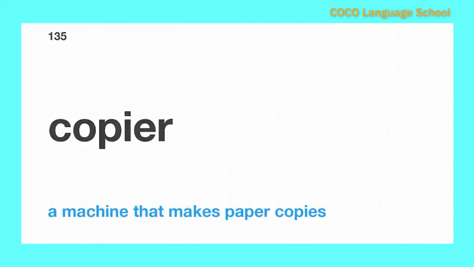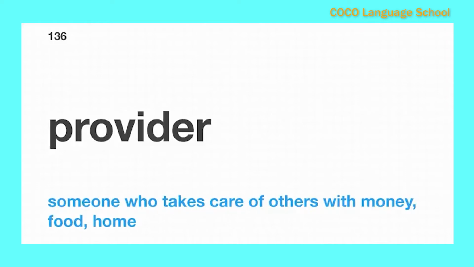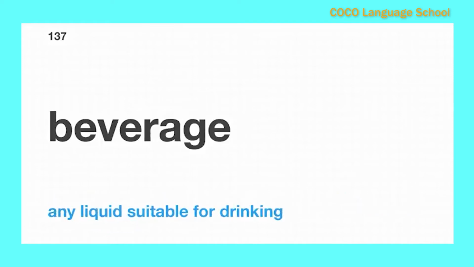A machine that makes paper copies. Copier. Someone who takes care of others with money, food, home. Provider. Any liquid suitable for drinking.